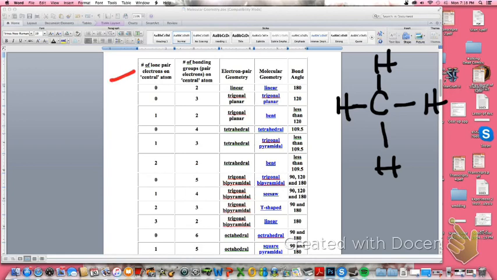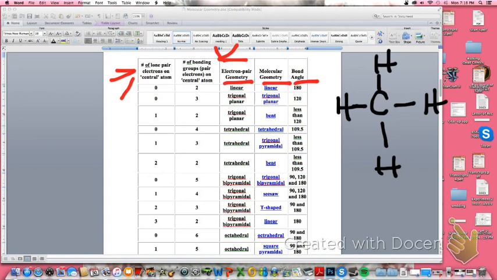We're going to look at the number of lone pairs of electrons on the central atom and the number of bonding pairs on the central atom. Once we do that, it will tell us our electron pair geometry, which is one thing that we want to know, the molecular geometry, which is going to be our shape, and it's also going to tell us the bond angles at which these hydrogens and carbons are located.